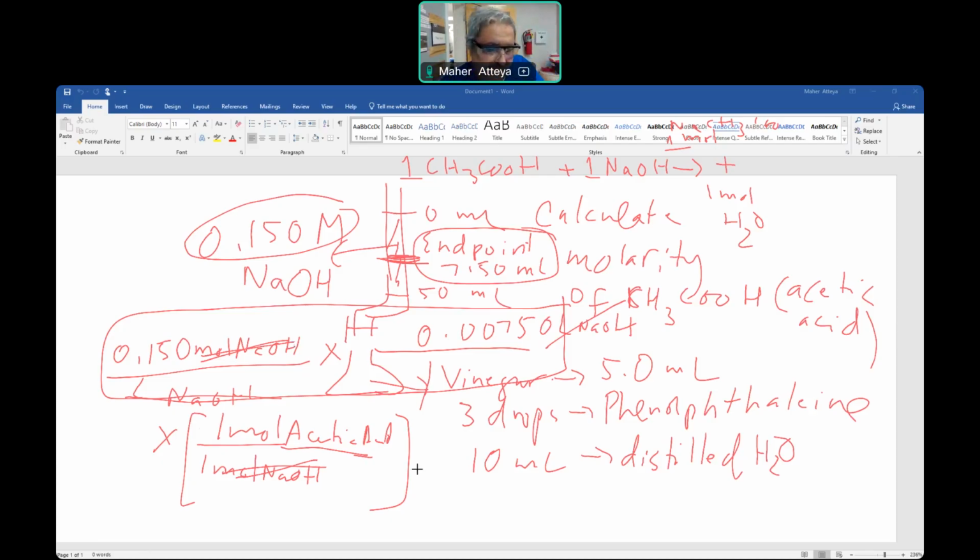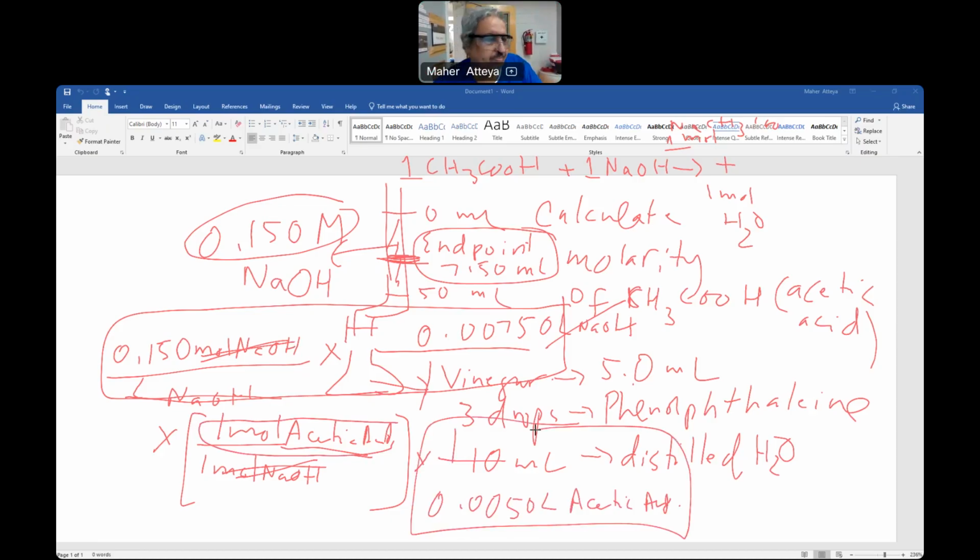Okay, I need moles per liter of acetic acid. So I have to divide by the liters, and I used 5 mL. So 5 mL is 0.0050 liter acetic acid. Over 1.